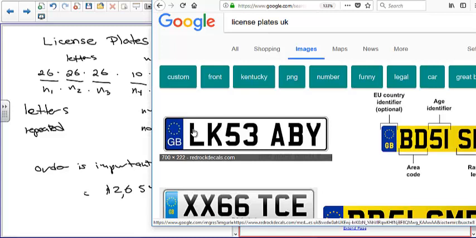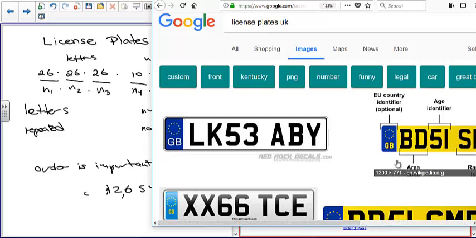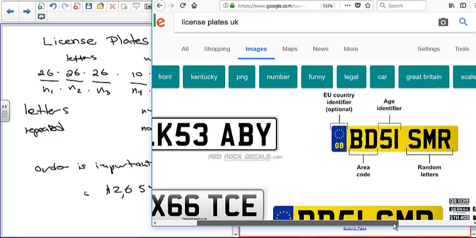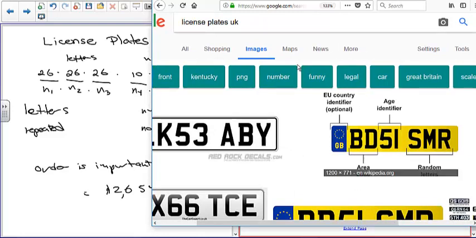You can go 26 years before you start recycling, and obviously you can tell a new car from a 26-year-old car, so you wouldn't mistake one for another. I don't know if this is actually true or not. Age identifier, random letters, area code. I don't know the details. I just know they look different than ours.